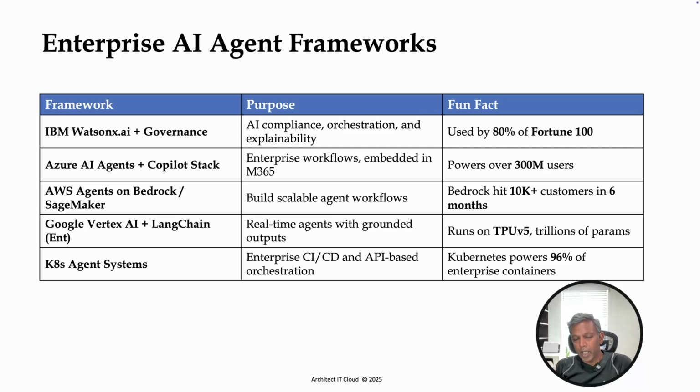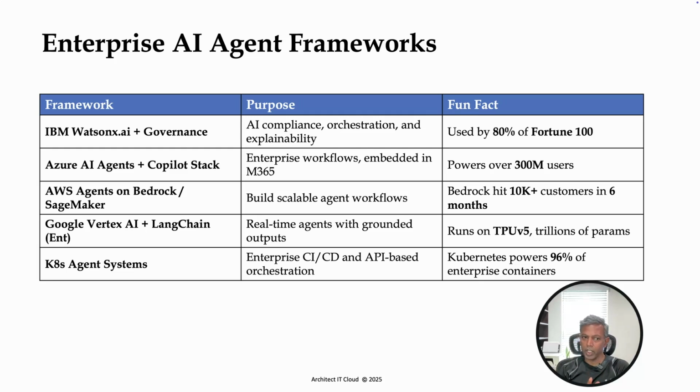So, enterprise AI agent frameworks. These are all the key enterprise agent frameworks that you can definitely go and explore if you have not. I have listed them here, along with the purpose of creating each generative AI agent framework for the business, and the facts about each one. The first one is IBM Watsonx.ai and governance.